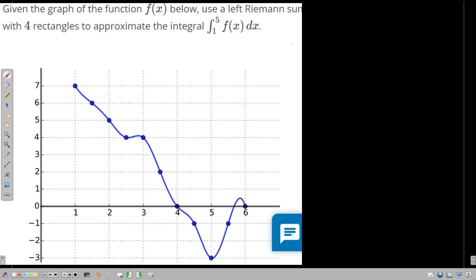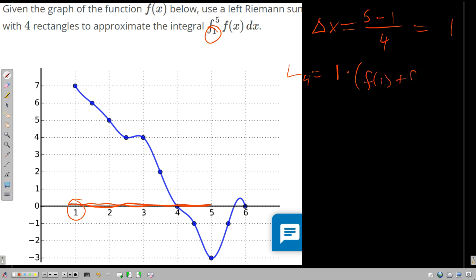It's an approximation with 4 rectangles, and the length of my interval is also 4, so delta x is 1 again. But that left Riemann sum of 4 rectangles is nothing more than delta x times, and since it's a left Riemann sum, start with the leftmost endpoint of that path that you're integrating over. So you're going to have f of 1 plus f of 2.